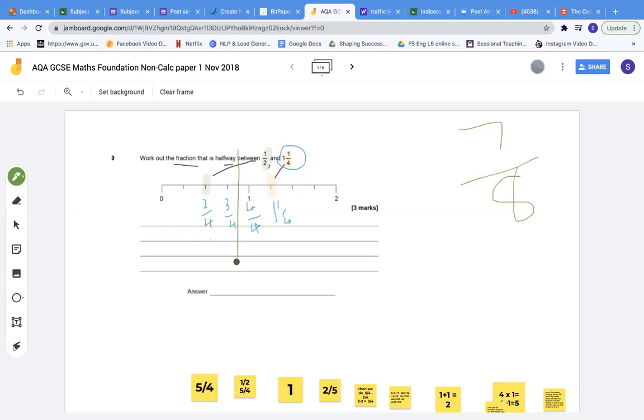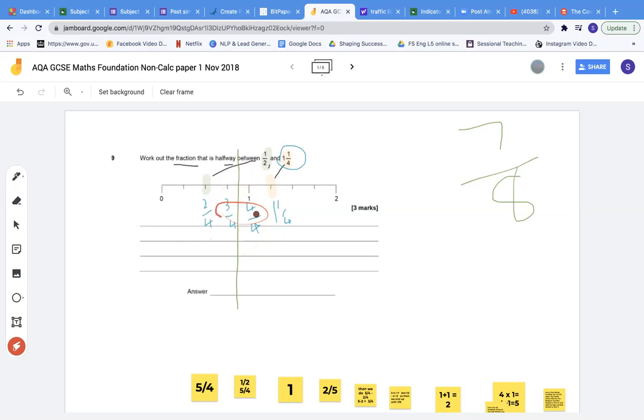Now, what do we need to do? We have to, let me see, times 3/4, and then divide that by... What do we need to do to get the halfway?